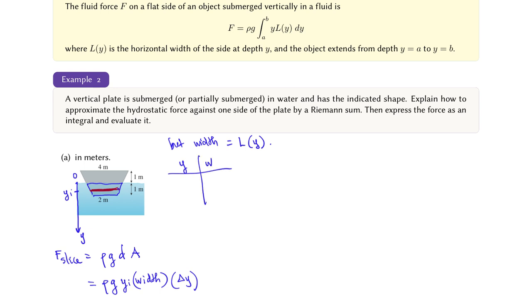There is a linear relationship between the width and the depth. When the depth is -1, the width of the slice is 4 on the top, and when the depth is 1, the width is 2 at the bottom of the trapezoid shape.